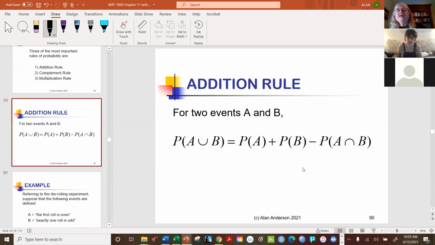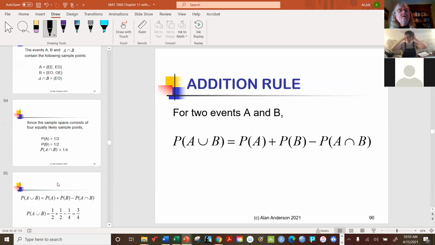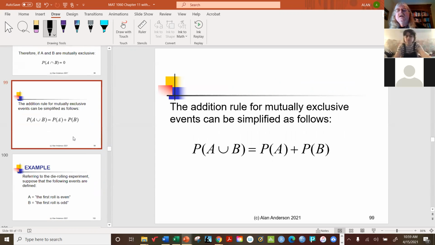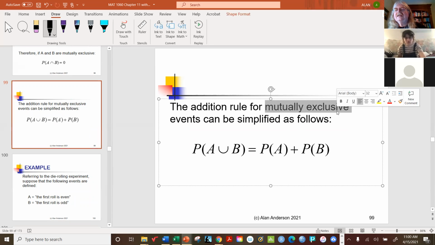But you remember there's a special case when we can use a simpler version of it. And the simpler version looks like this. But who remembers what has to be true for us to use this rule? A and B have to be mutually exclusive. That's it, exactly.